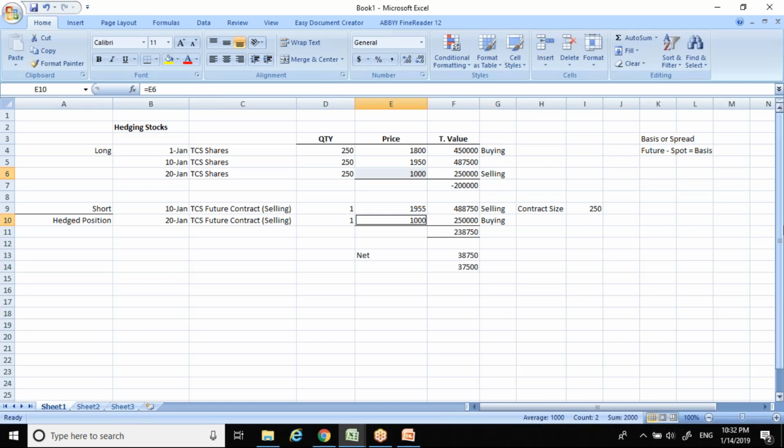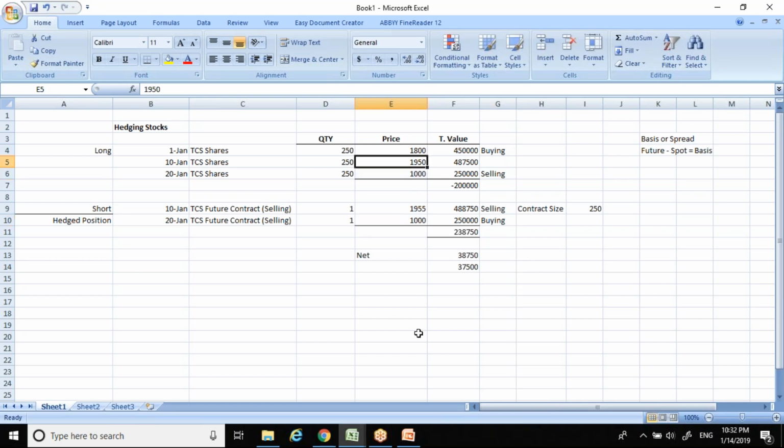So assuming that the share price and the future contract price are the same on the expiry, on the date of delivery, on 20th January, then you will have an extra benefit of 5 rupees. Why?